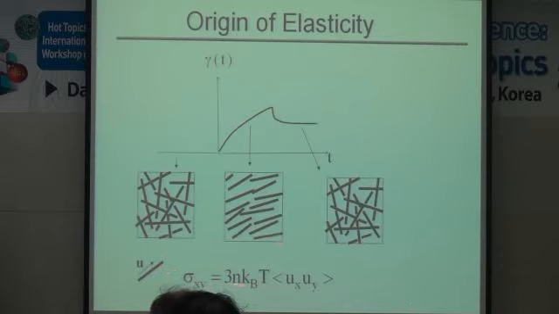So shear stress is directly connected to the orientational order parameter of the rodlike polymers. This is simply a physical explanation, but I will give a more detailed derivation later.